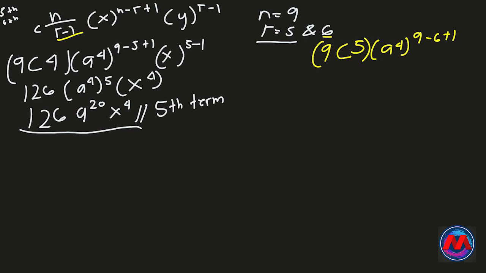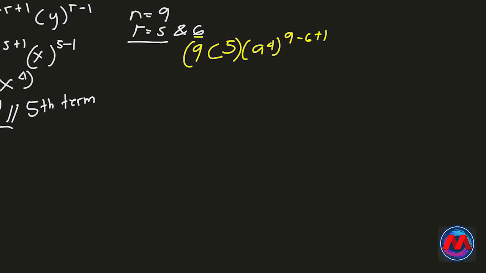Wait, n minus r plus 1, times yung y value natin na x and r minus 1. R natin is 6 minus 1. So, solving that sa calculator natin, 9 shift divide 5 is equals to also same 126.